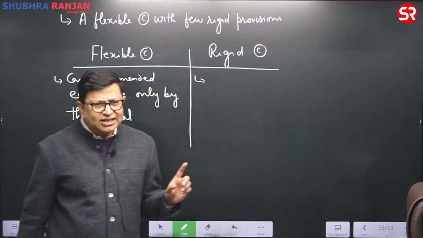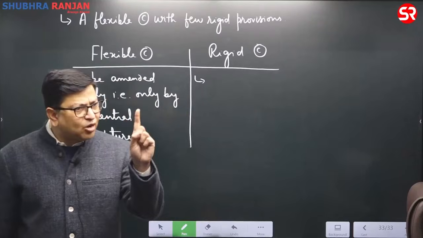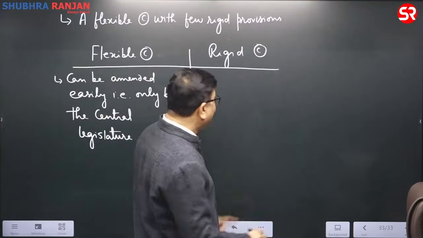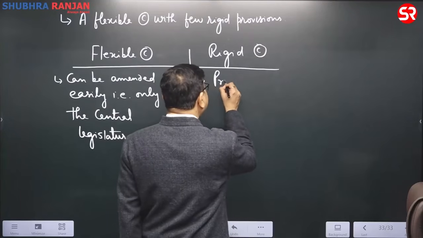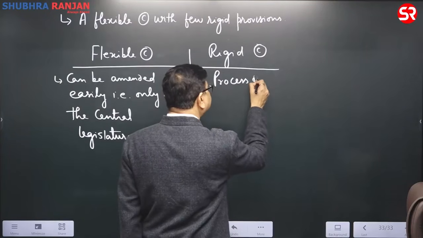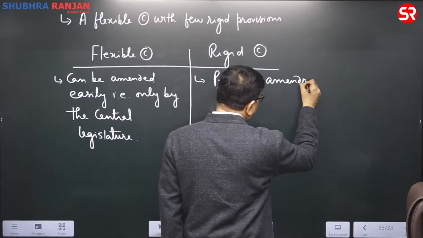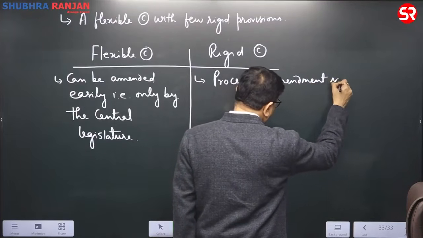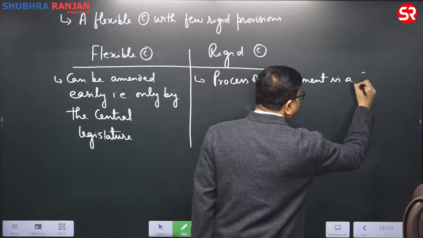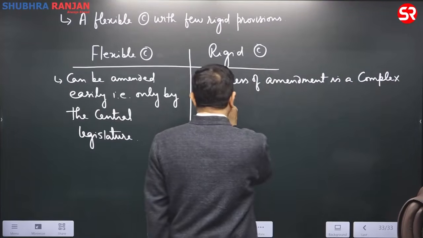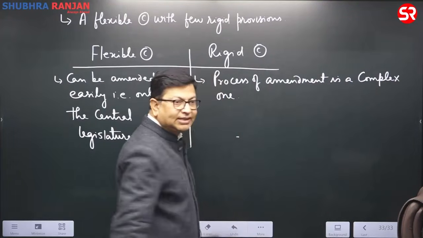A rigid constitution does not mean that the provisions cannot be amended. The provisions can be amended, but the process of amendment is a complex one.